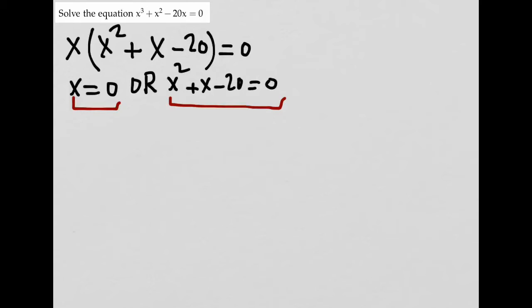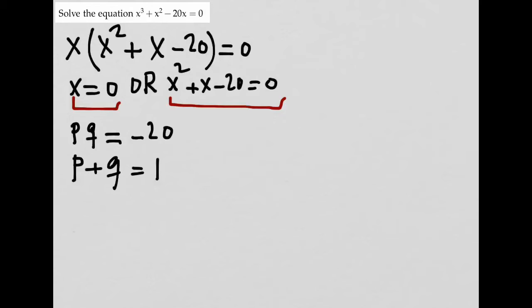To do that, we factor, then we use the zero factor property. So here we need two integers, p and q, that multiply to 1 times negative 20, that's negative 20, and add up to the coefficient of x, which is 1.